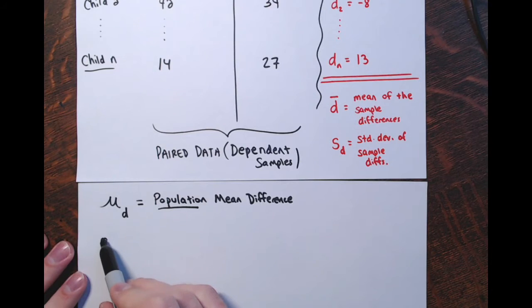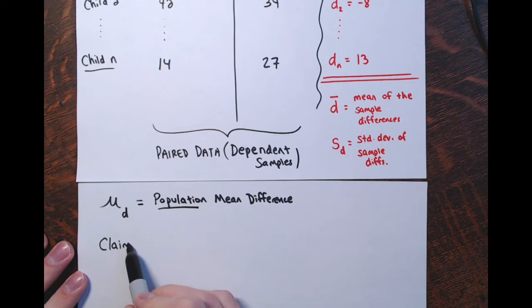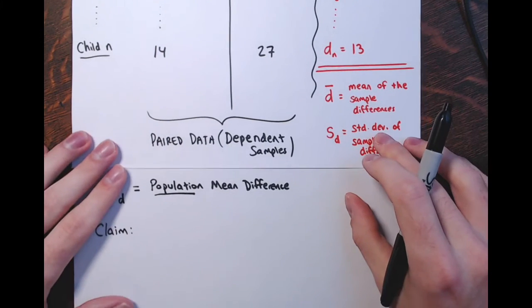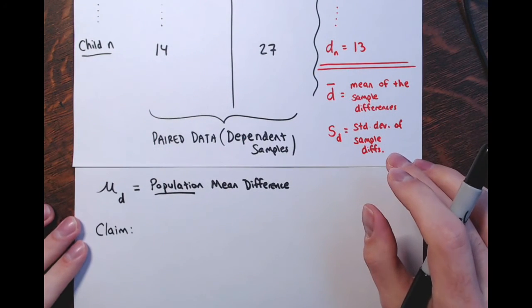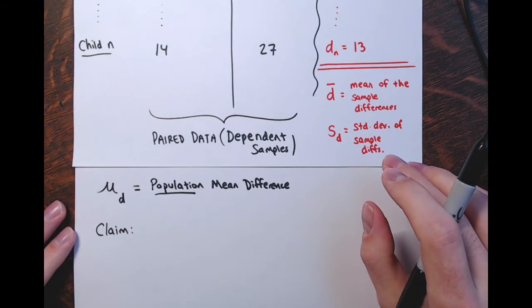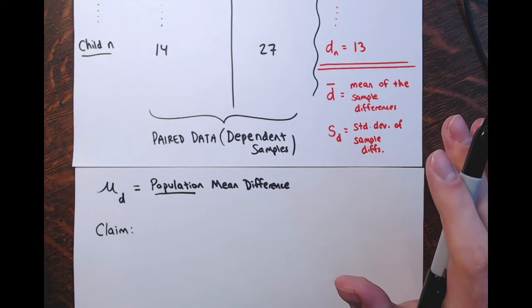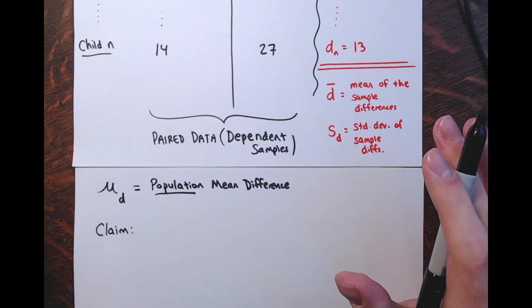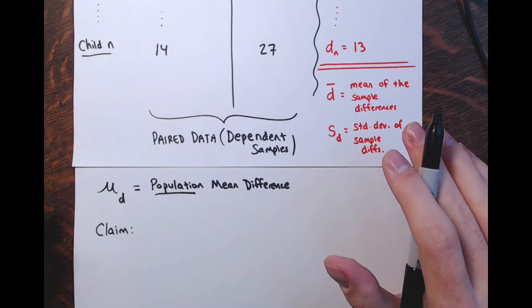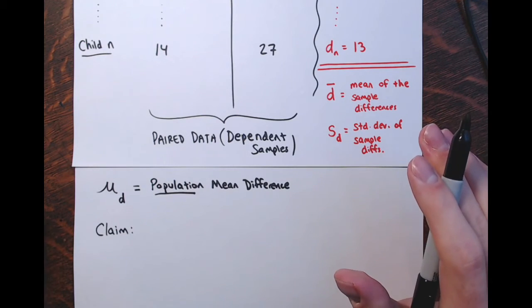Every hypothesis starts with a claim, some belief, some statement being tested. Now I go back to the first sentence here. It says, a therapist believes that the music a child listens to may have an impact on the number of words on a list they can memorize.